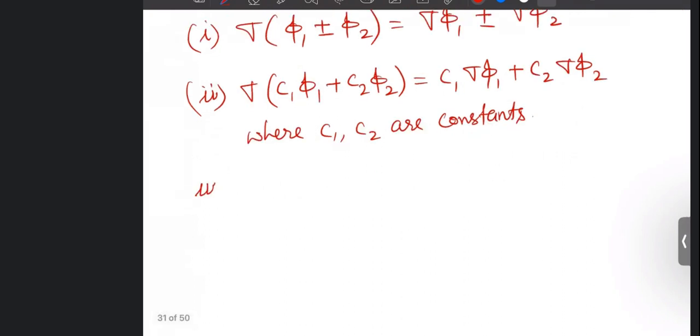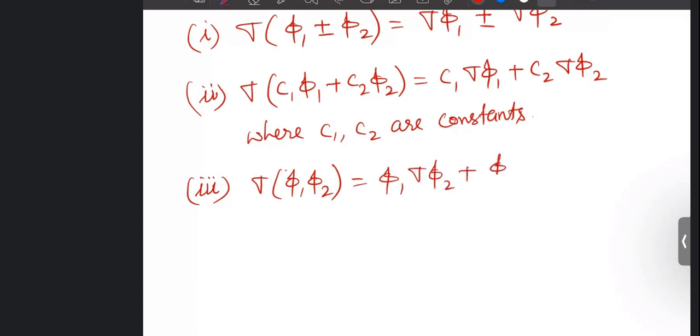Third, the gradient applied on the product of two scalar point functions: simply apply the rule of the derivative on the product of two functions, that is phi 1 times the gradient of phi 2 plus phi 2 times the gradient of phi 1.